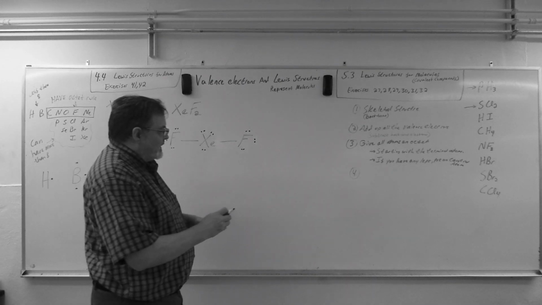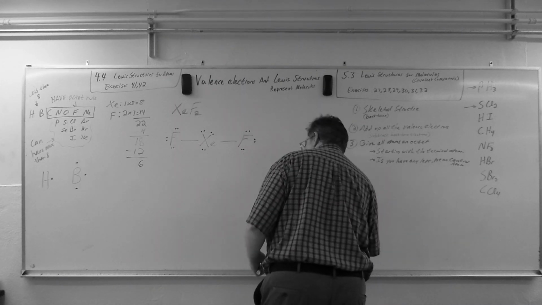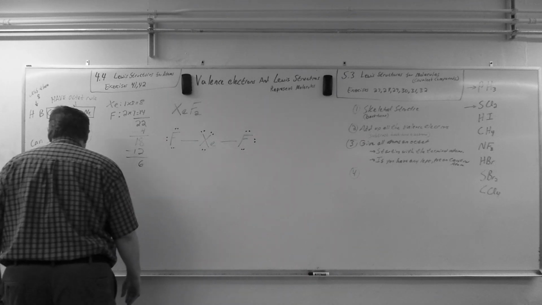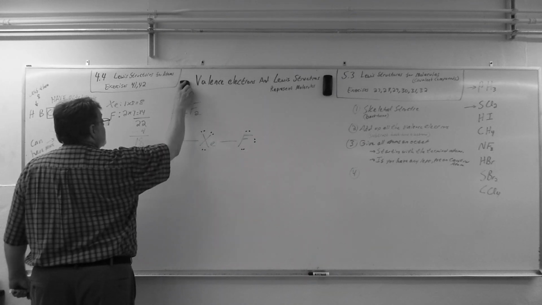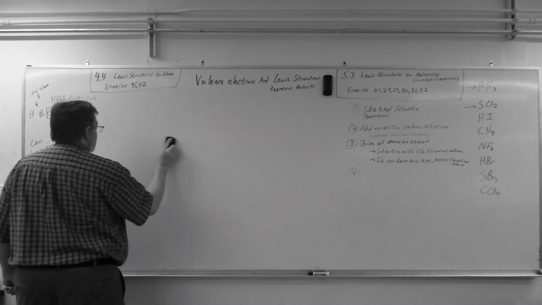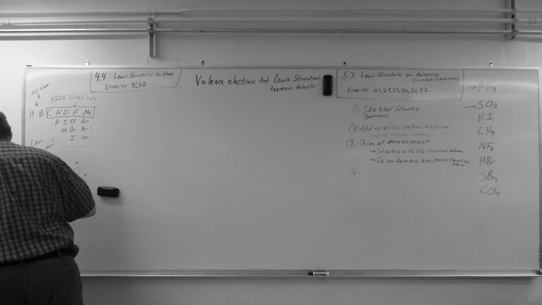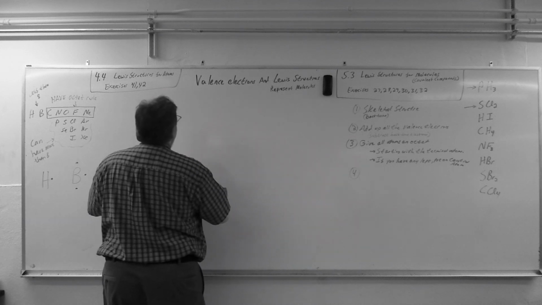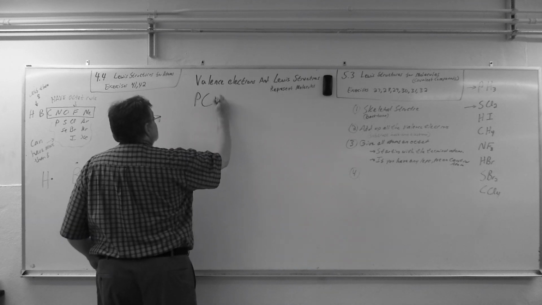Another way you get expanded octets is if you just follow rules 1 and 2. For instance, there's such a thing as PCl5.